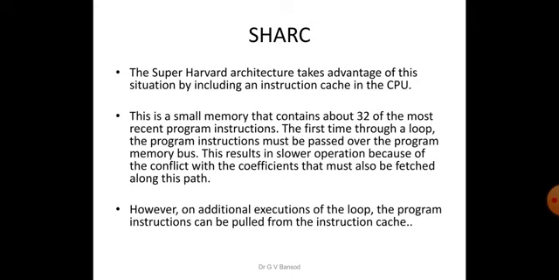It stores 32 program instructions, which takes load off the data memory, and it helps the CPU core execute those 32 most recent instructions efficiently. The program instruction can be pulled from this instruction cache instead of moving from program memory to data memory. Instead of having a conflict, I can use this instruction cache in an efficient way.